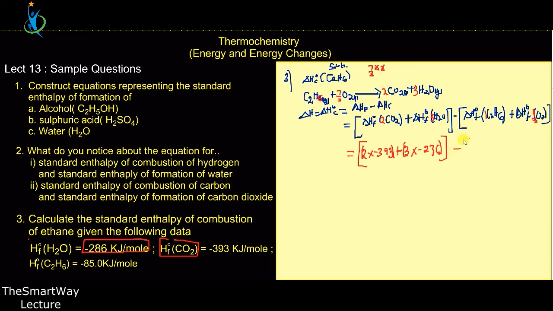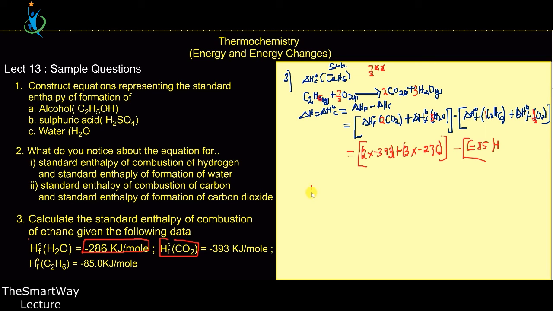Now let's go to the reactant side. I have ethane here. This is the formation of ethane, this is the energy. And it's only 1 mole, so there's no need to multiply anything times it. So I'm going to get negative 85. And then I'll add it to the oxygen. And here oxygen is not given, because the standard enthalpy of formation of elements in their standard state is 0.